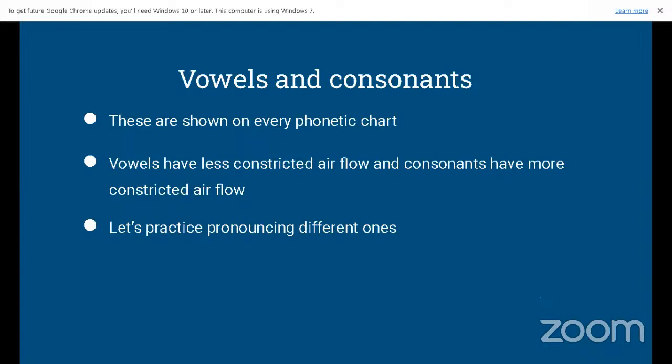Now, vowels and consonants, we have just had a glimpse of it. Did we not see the chart, vowels and consonants? Another important point: these sounds are 44 in number. Why did they have to divide them into vowels and consonants?